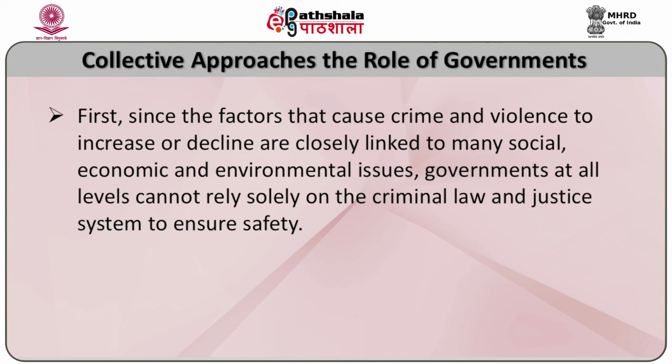There are a number of compelling arguments. First, since the factors that cause crime and violence to increase or decline are closely linked to many social, economic and environmental issues, governments at all levels cannot rely solely on the criminal law and justice system to ensure safety.